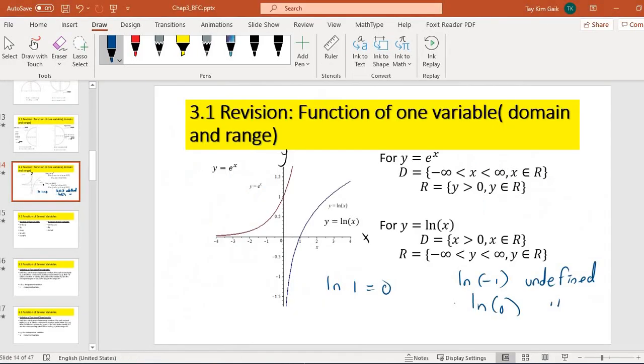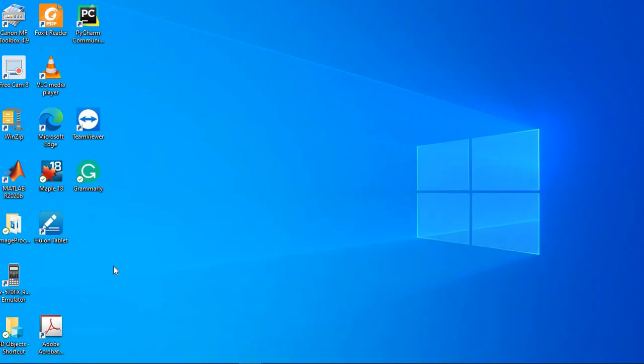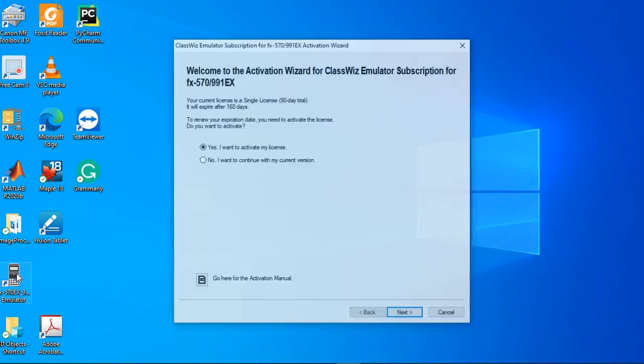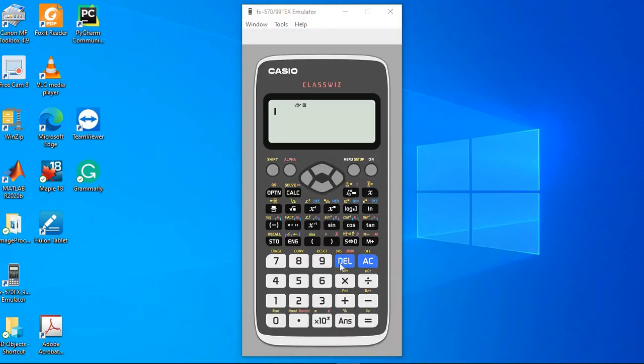So ln(1 minus 0.9), we have ln 0.1. Okay, look at here. Ln 0.1, we have a negative value. Or you want to calculate, use a scientific calculator. Okay, ln 0.1, negative value, negative 2.30.